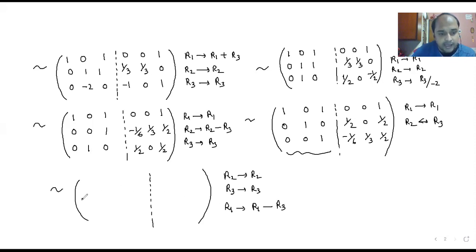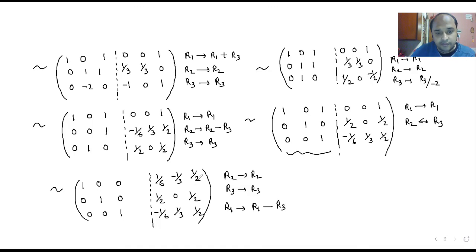So thus we get 0, 1, 0, half, 0, half, 0, 0, 1, -1/6, 1/3, half, and that would be 1, 0, 0, 0 minus 1/6, that is +1/6, 0 minus 1/3, that is -1/3, and 1 minus half, that is half.